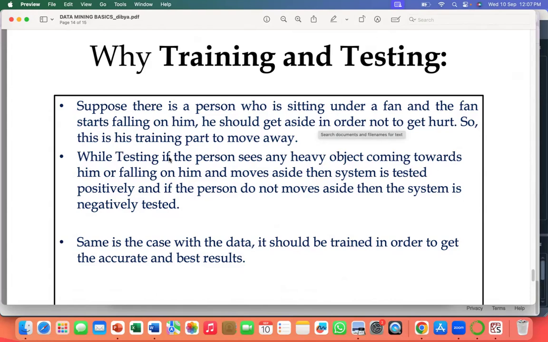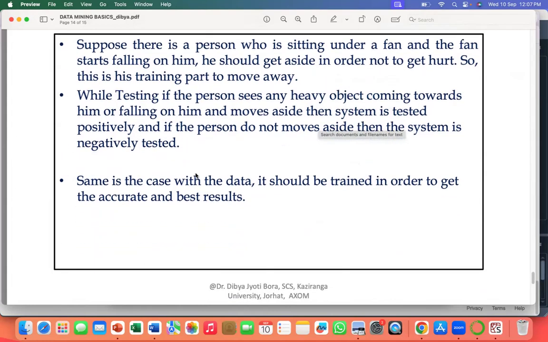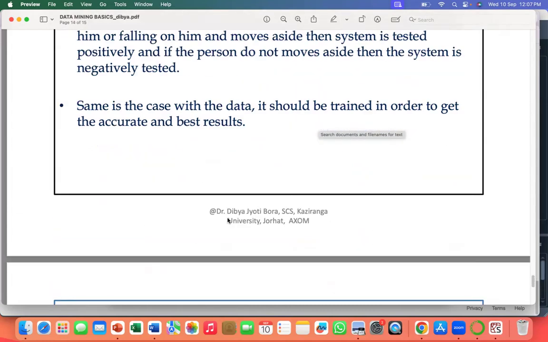But if the person does not move aside, then our system is negatively tested. It fails. With this example, I just want to show you how it works. It is the same case with data: it should be trained in order to get accurate and the best results.